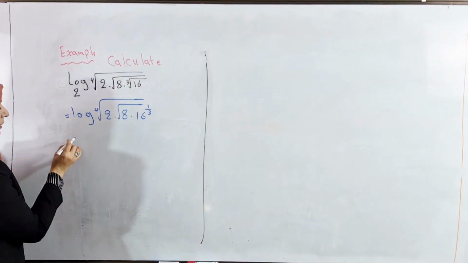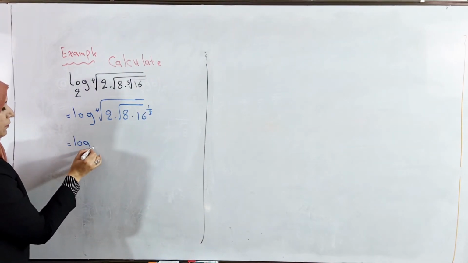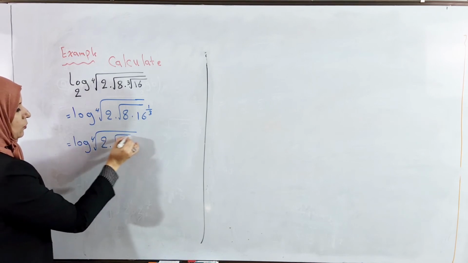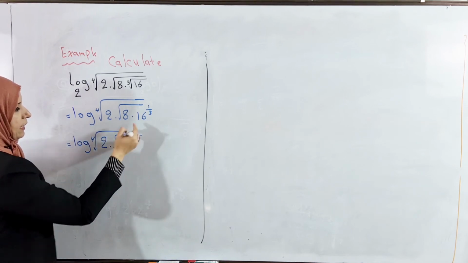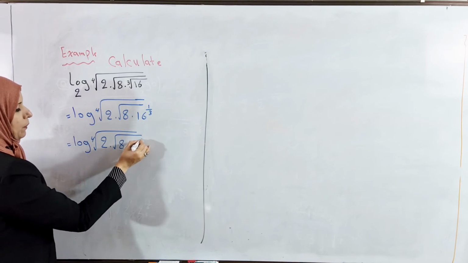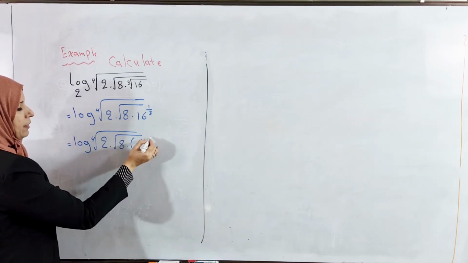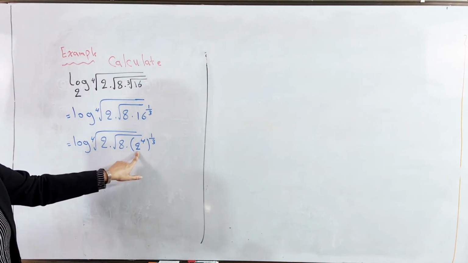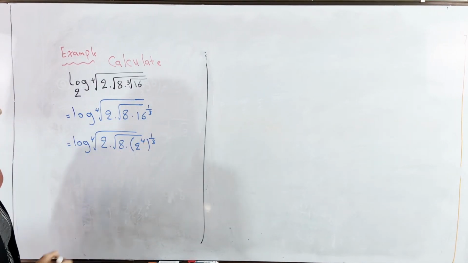Will be logarithm 4th root and 2 multiplied by square root 8 and it's multiplied by 2 power 4 and then raised power 1 on 3. يعني 16 it comes from 2 power 4.